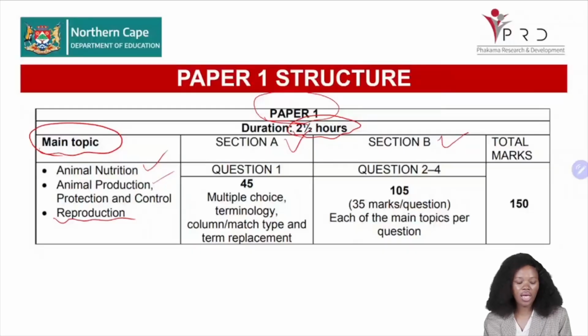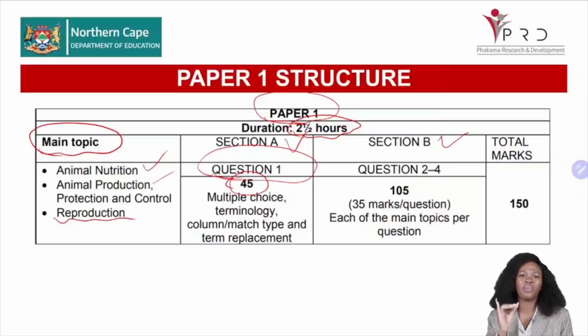In Section A, we have question 1 that has about 45 marks, and it consists of short questions. These questions include all the topics: animal nutrition, animal production, protection and control, and animal reproduction.